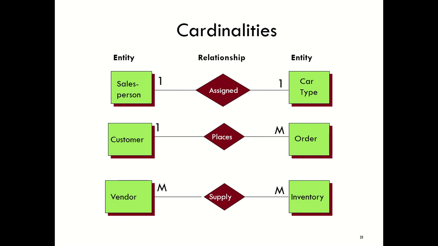Another example, no, yung 1:many naman, we have one customer and then it could place multiple orders. Okay, this is 1:many. Then we have multiple to multiple. We have many vendors which could supply the many inventories.